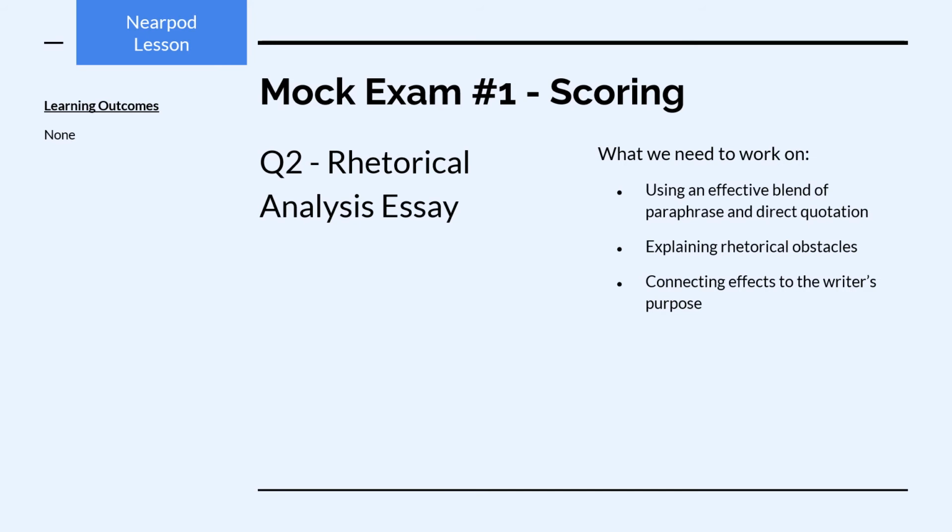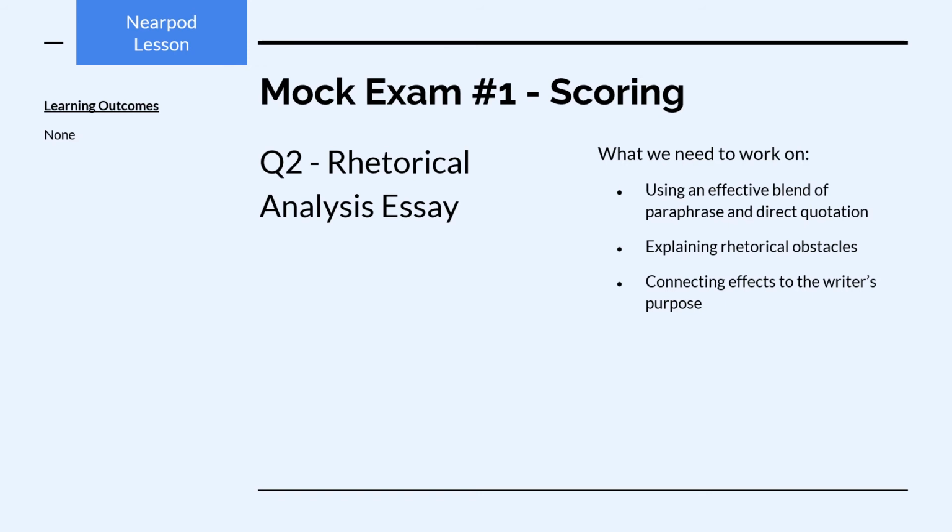Lastly, here's the biggest one. Connecting the intended effects of whatever rhetorical choice you're talking about back to the writer's purpose. So many of you wrote some really good rhetorical analysis paragraphs, but it wasn't a rhetorical analysis essay because you were just analyzing: here's this technique, here's its effect, here's this technique, here's its effect. What you need to be doing is saying, here's this effect, and here's how this effect is helping achieve the purpose, because that ties it into what the author's trying to do.